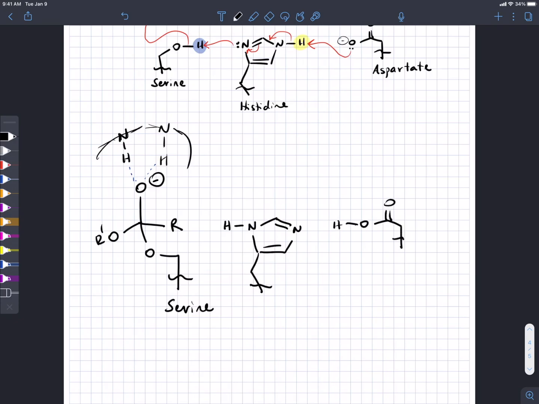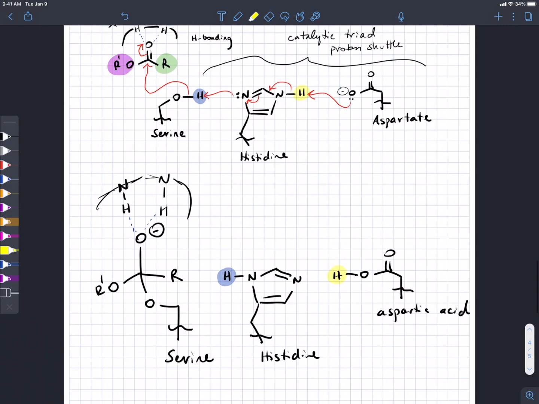It's now in its conjugate acid form. And the proton that used to be on the serine is now on the histidine. The proton that used to be on the histidine is now on the aspartate.